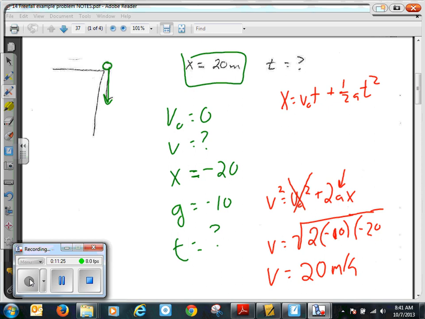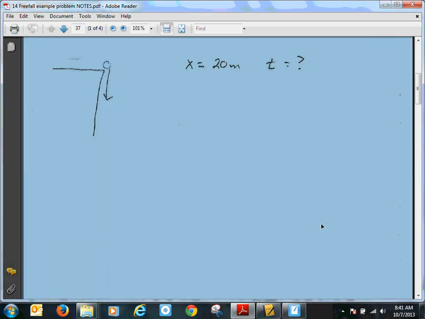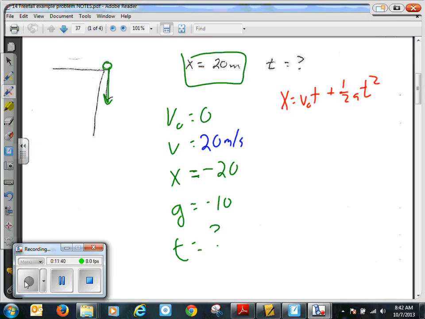So now we can plug that in up here as part of our variables, right? So now we have 20 meters per second. That's my final v. Okay, so now I can relook at my question. Oh, so now we can see that we have use for this. v equals v sub naught plus at.